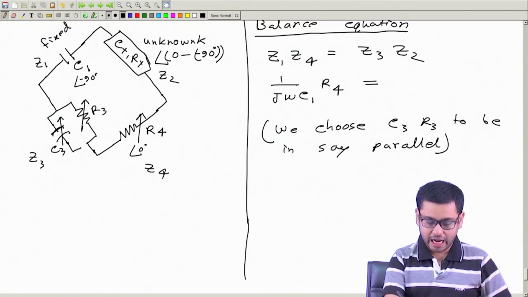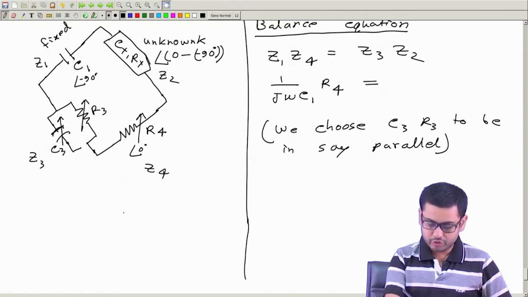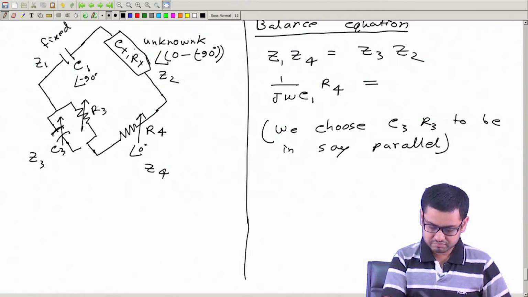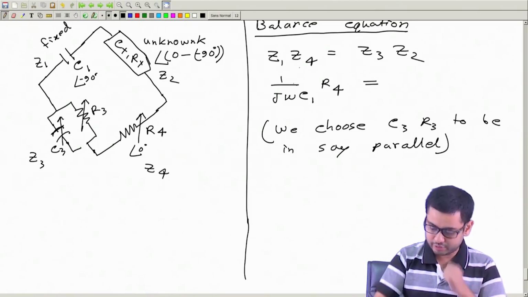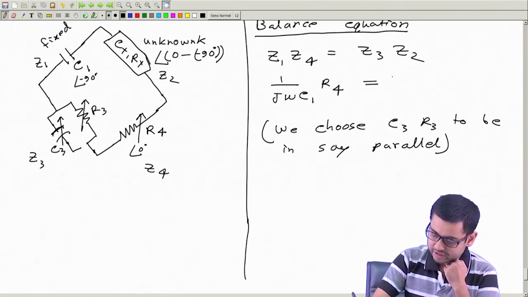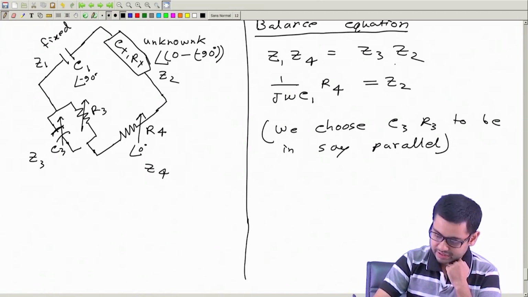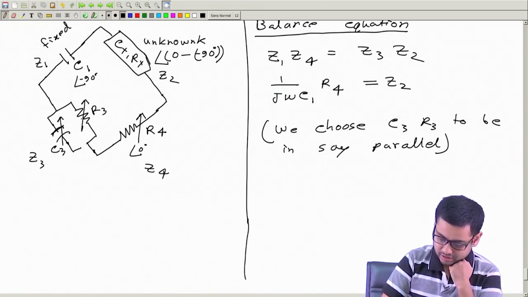So, then this unknown one, let us see what we can do. Here we can write this as Z2 multiplied by, on this side, we write Y3. Okay. So, Z3 we bring on the left side.